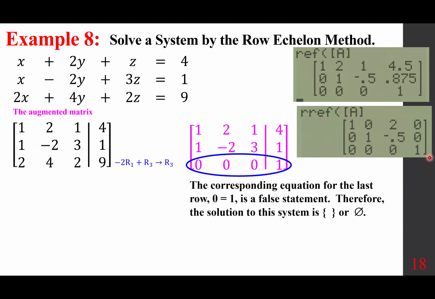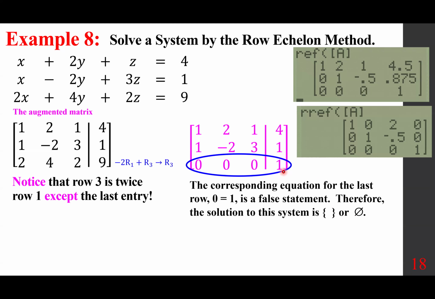What matters is this: the bottom row, all entries are 0, except the last one in both cases, meaning the one to the right of this line. So the equation on the other side, if they're all zeros except this last one, that's an inconsistent system.